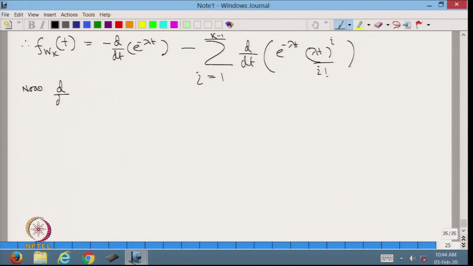Now, d/dt of e^(-λt) is equal to -λe^(-λt).